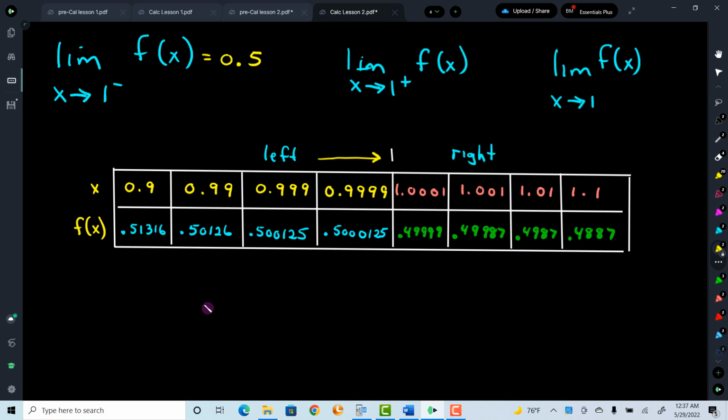How about the limit as x approaches 1 from the right? So we're going that way. Well, we're clearly, again, approaching 0.5. What is the limit as x approaches 1 without paying attention to which direction I'm coming from?